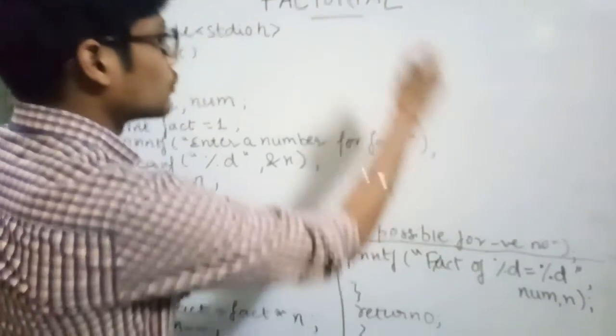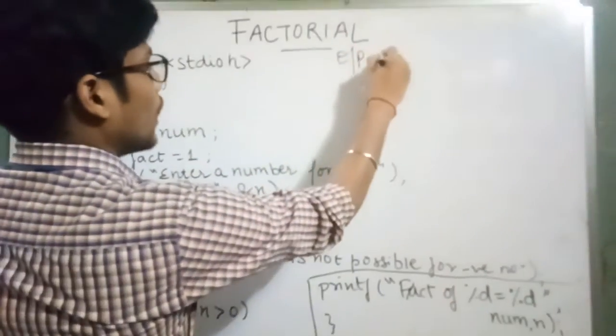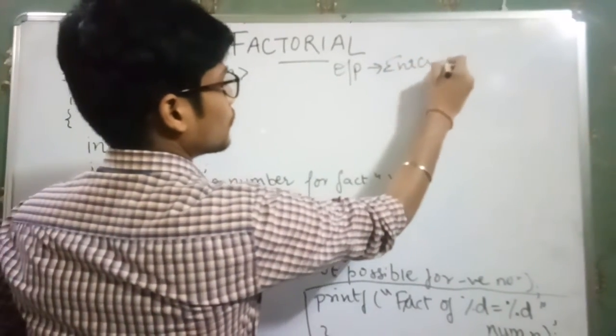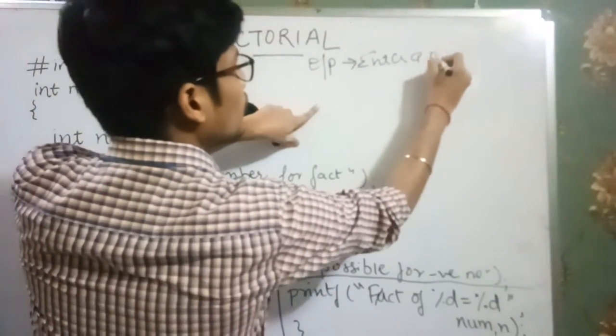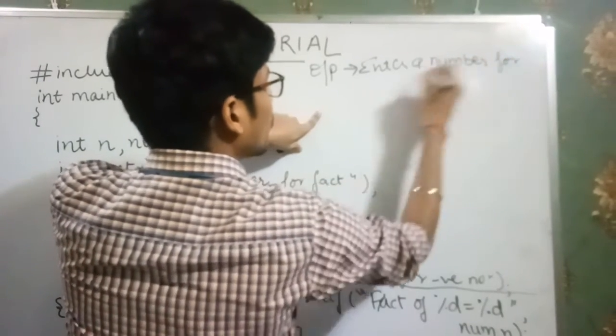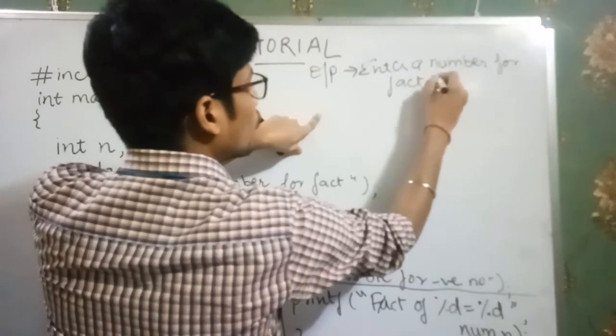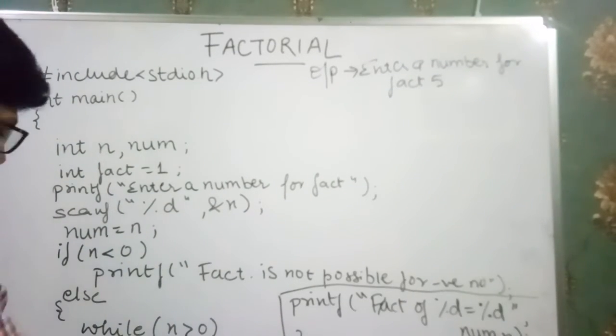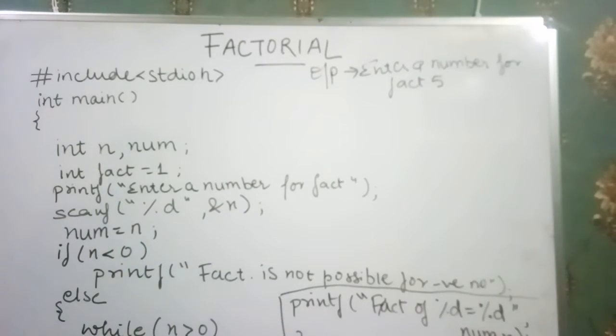So now this will give the output: first "enter a number for factorial". So we have entered 5 as user input. After that it will check the condition.